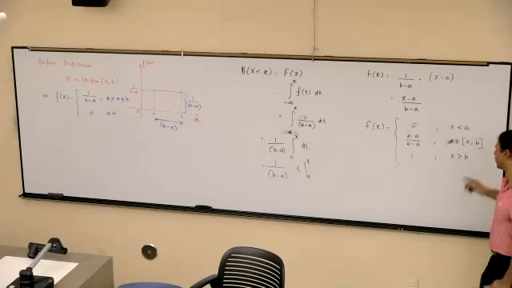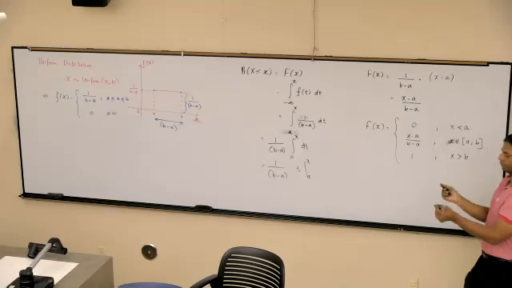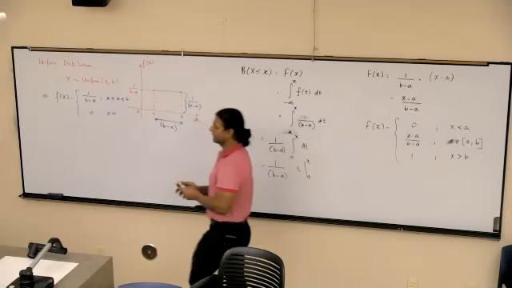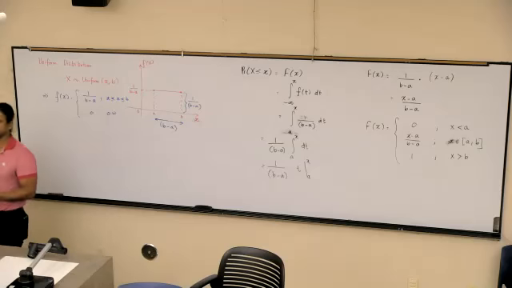Now at the endpoints, these pieces would just be equal to each other because the function is continuous.